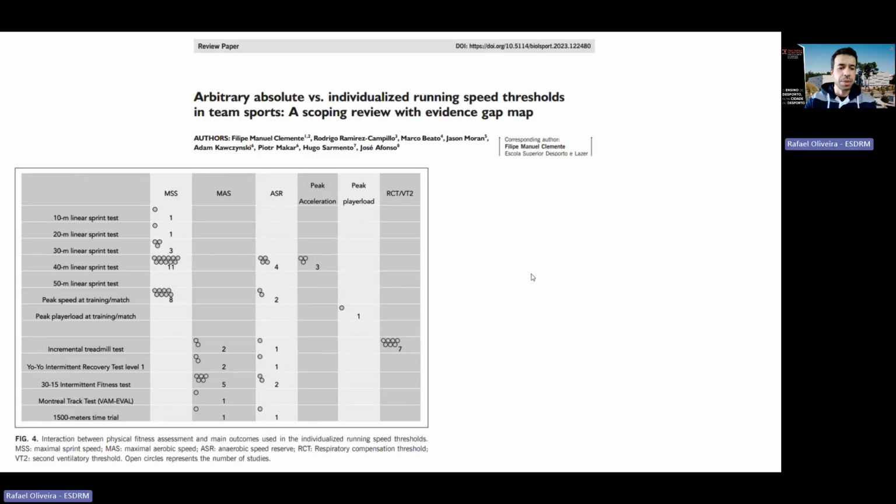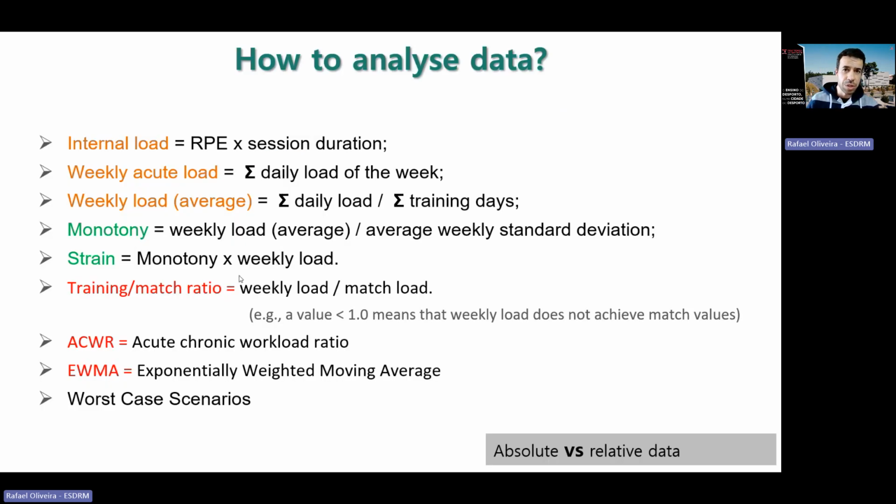So there are many possibilities, and just one additional piece of information: we can use all of this analysis with absolute or relative data. Basically, in absolute data, we include, for instance, the total distance covered during a match. Let's imagine 10,000 meters. But relative data could be dividing those 10,000 meters by, let's say, 90 minutes of play.